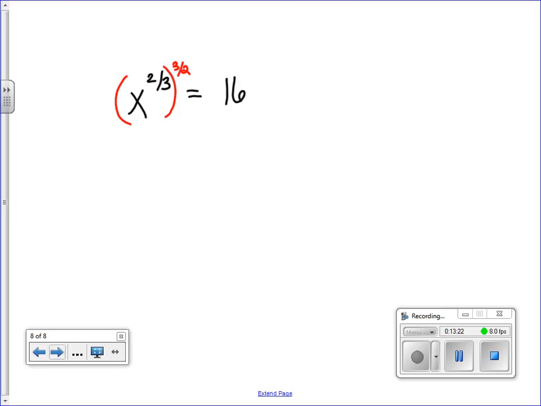Now, if I'm taking this side to the 3 halves power, what has to happen over here? 3 halves power. So x equals, I think it's 64, but you might put that in your calculator. What's 16 to the 3 halves?